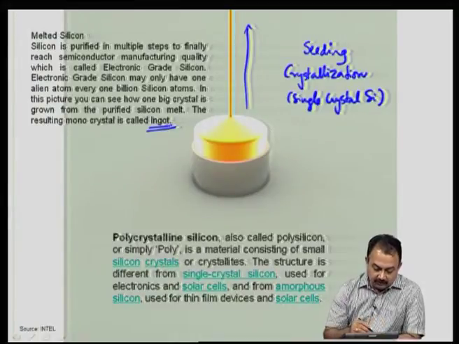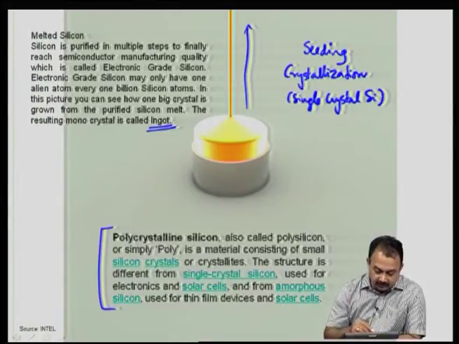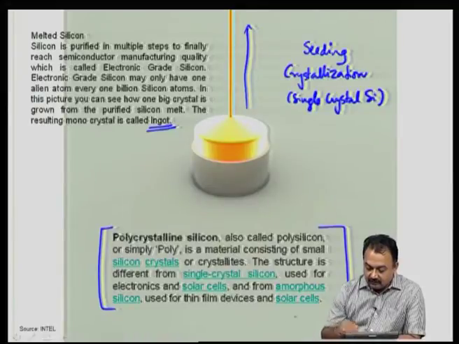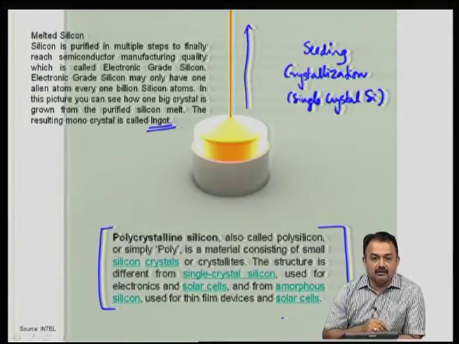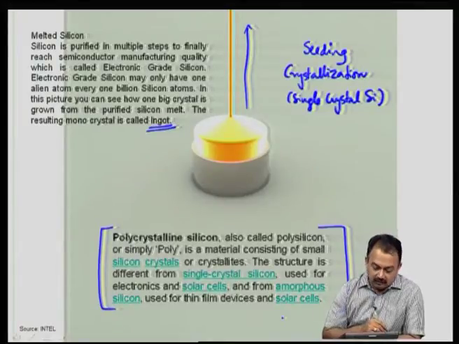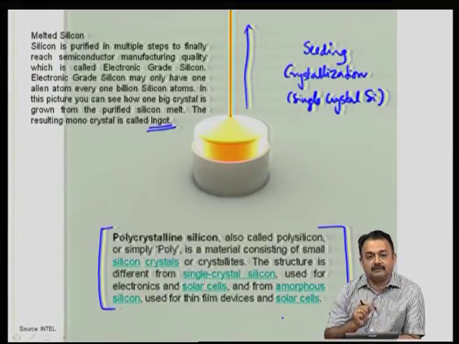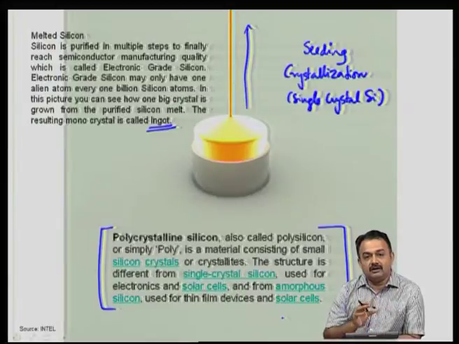Now, I want you to understand some other terms that might be used in the silicon manufacturing or design scenario as well. You will also come across a term called polycrystalline silicon, also called polysilicon or simply poly, that is a material consisting of small single crystals or crystallites of silicon. The structure of this is different from that of the single crystal silicon that you are seeing in the picture above.